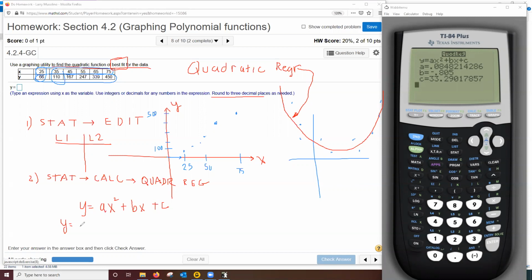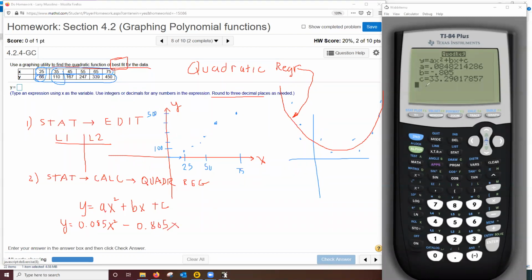So for a, I'm going to round that to 0.085 x squared, rounded to 3 decimal places. The b number is negative. So I'll make this a subtraction sign here because the coefficient is a negative number. So I'm going to write this as minus 0.805x.